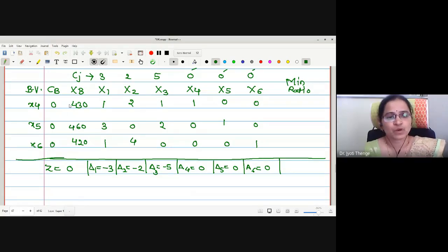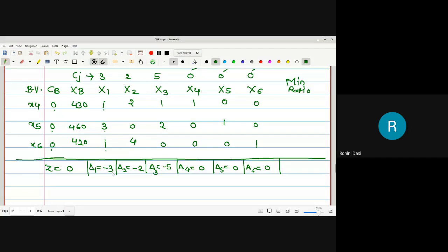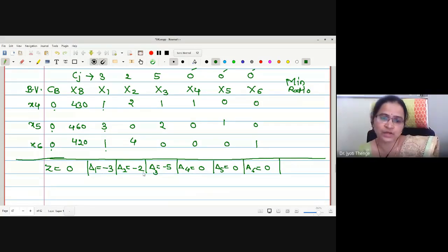CB x1 is 0 times 1 plus 0 times 3 plus 0 times 1, minus 3. Therefore this is -3. Now, the most negative value of delta j will enter the basis.